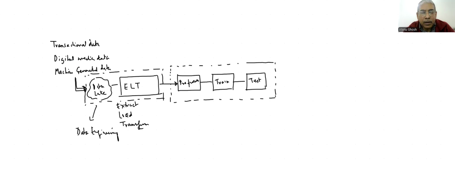ACID stands for atomicity, A for atomicity, C for consistency, I for isolation, and D for durability. This ensures that the data stored when a transaction is carried out is atomic, consistent, and has the properties of isolation and durability. I'll not get into the details of this characteristic, because you might have already studied this as part of your relational database management system courses.